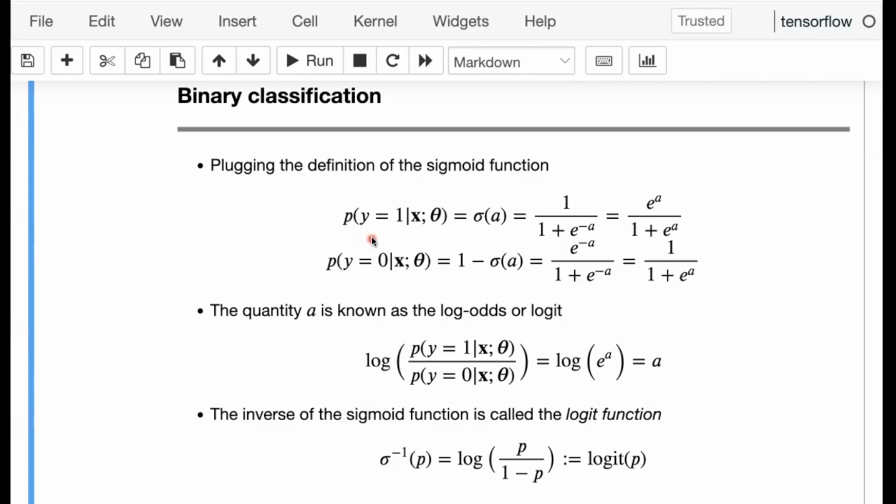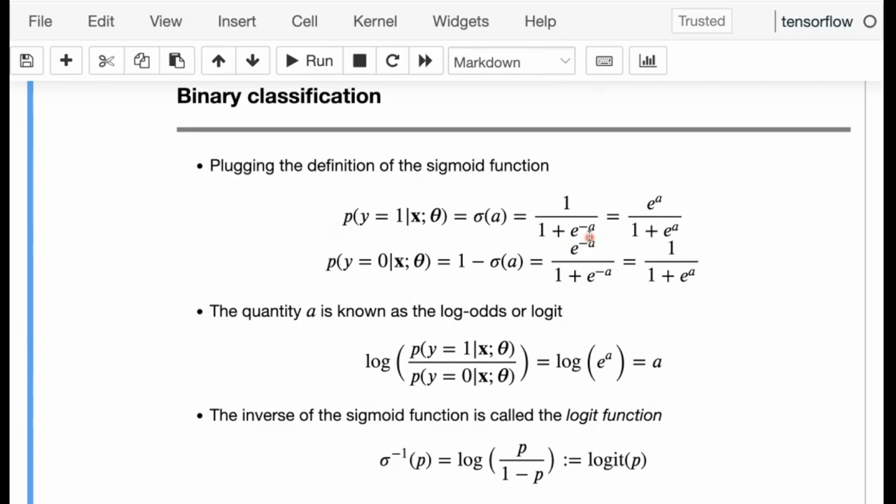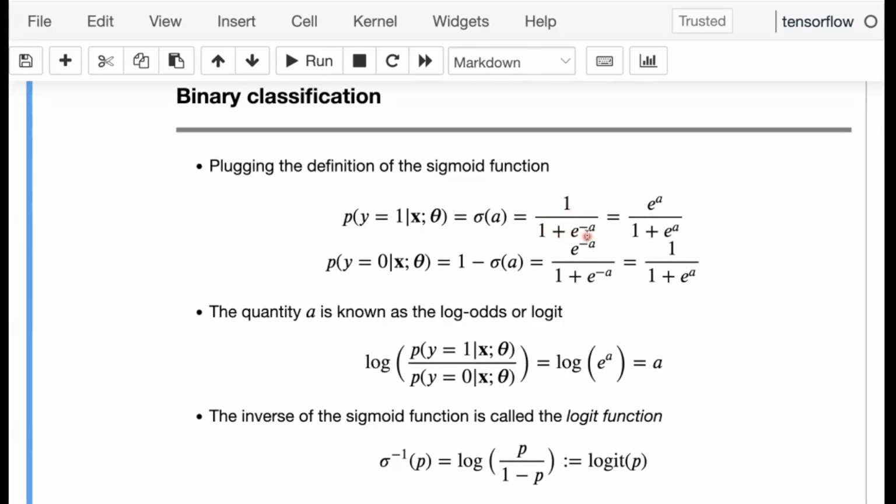So under this assumption, we can assume that the probability of y equals 1 given x and theta, in a binary classification problem, is the sigmoid of a, which is 1 over 1 plus e to the negative a.